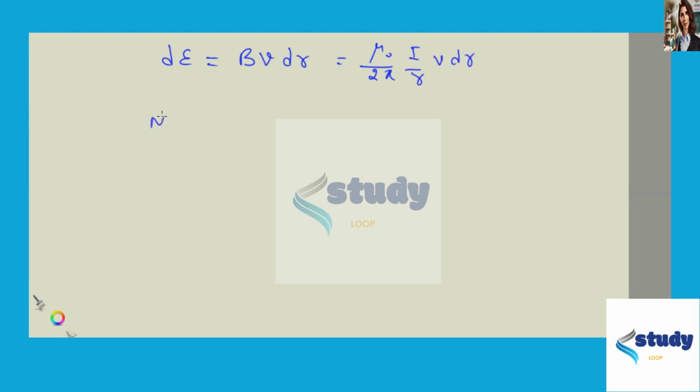So the net EMF induced across this metal bar will be given by integrating both the sides.